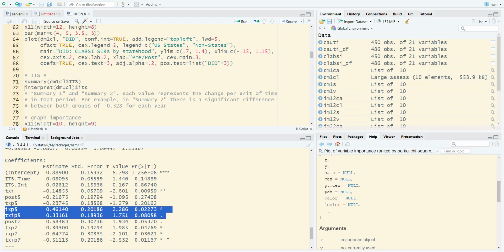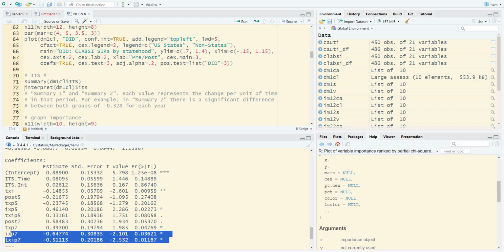So we're going to go down to the next intercept and slope. And those are in those bottom two rows for the variables IXP, for the intervention's intercept, and the TXIP is the trend for that intervention. TXI, the T would be trend and the I would be for the intervention.